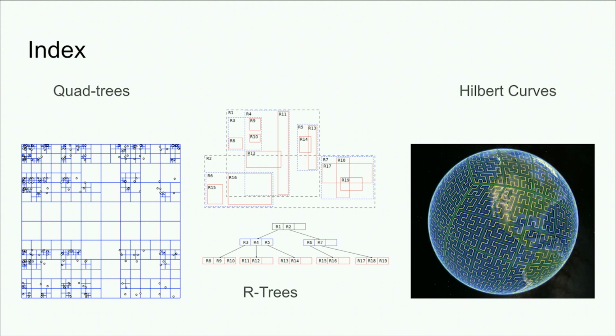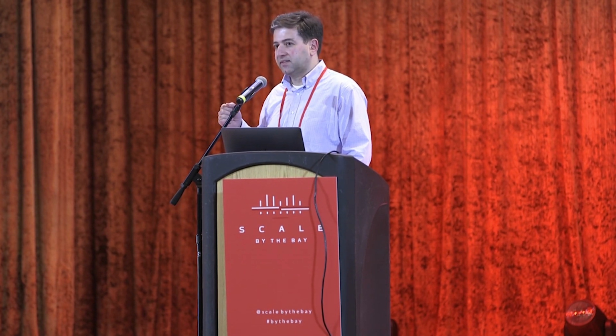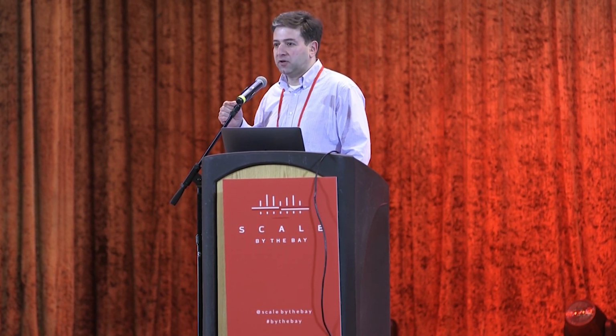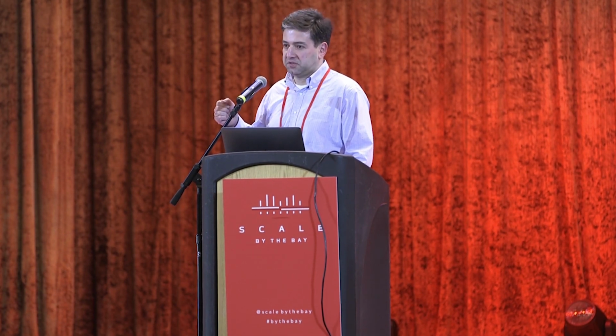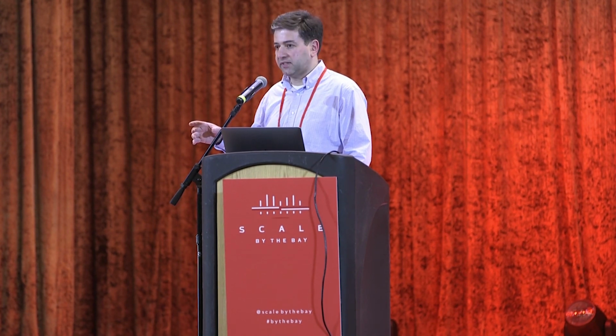And for the Hilbert curve we use S2, which is open source code released by Google and used by most of the Google spatial products like Maps, Earth Engine, and so on. It supports that Hilbert curve, and the Hilbert curve allows you to map every coordinate or region on the Earth to a single integer. So any position on the Earth within a couple of centimeters can be mapped to a single 64-bit integer.